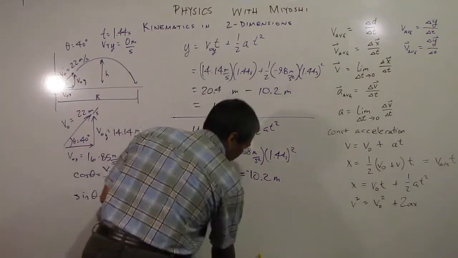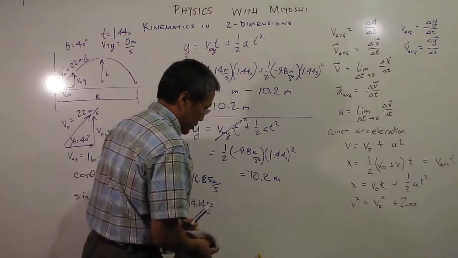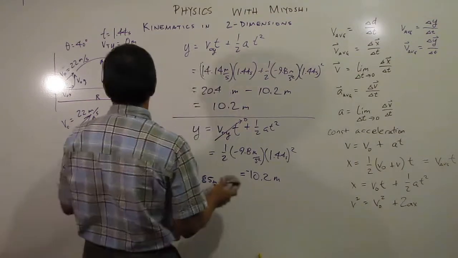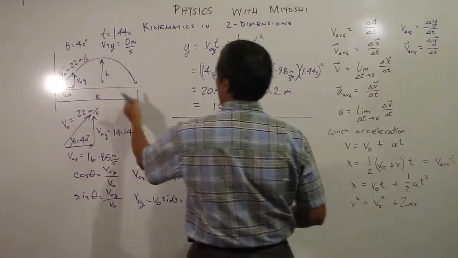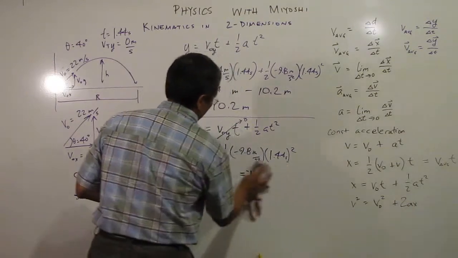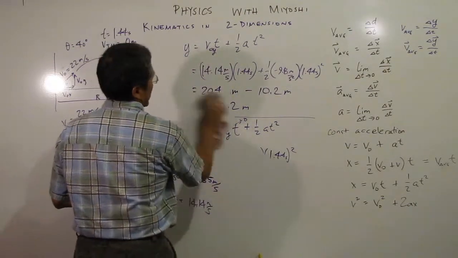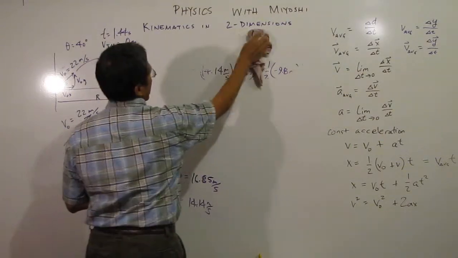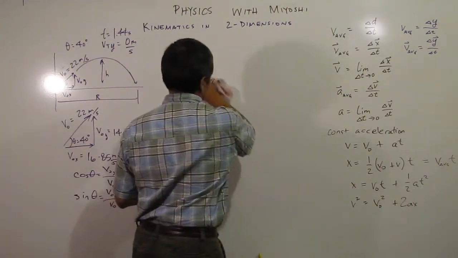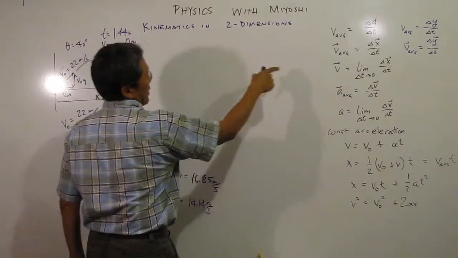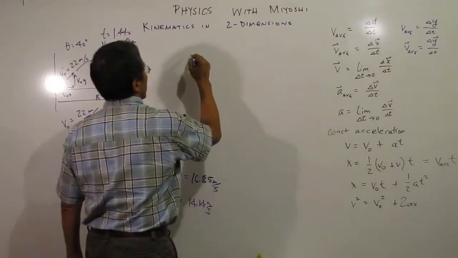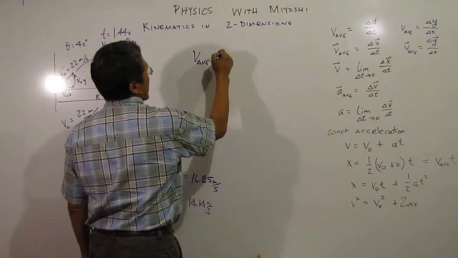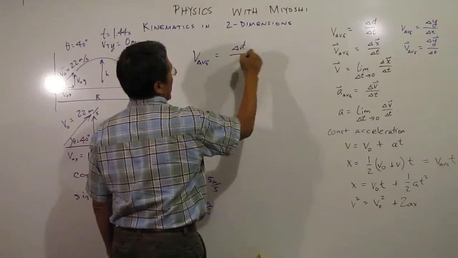Okay? And then the last thing we want to do with this is find out what the range is, this distance here. And that is merely a matter of knowing what my average velocity in the x direction is. So, if I think about this equation over here, v average is delta d over delta t.